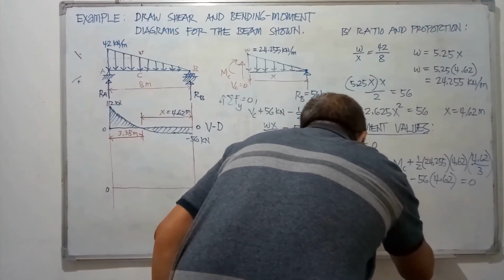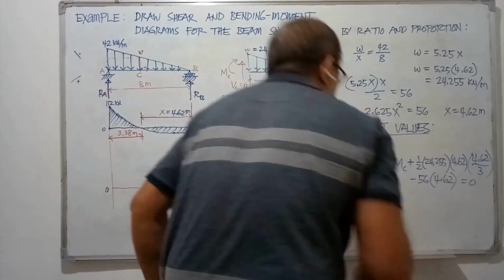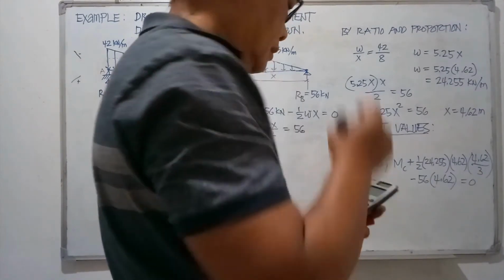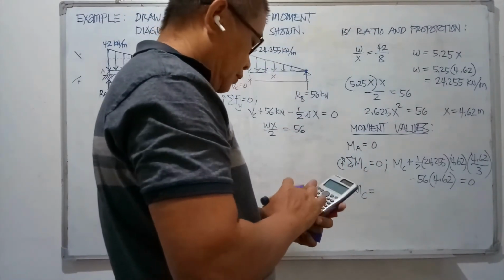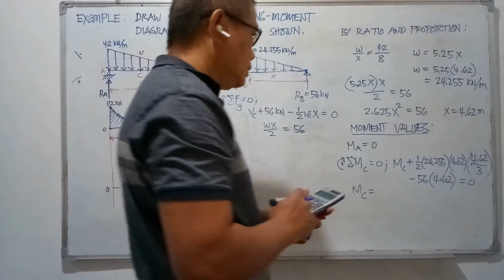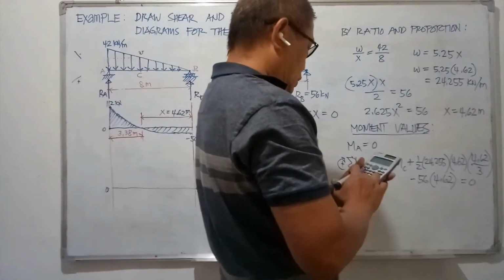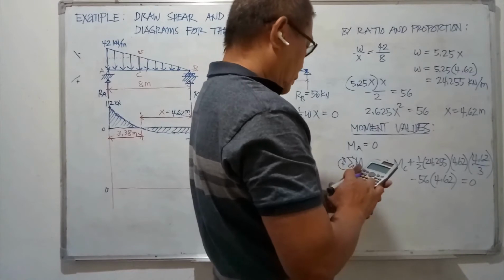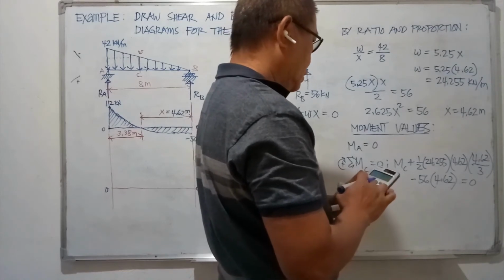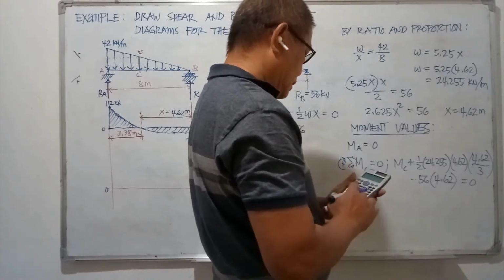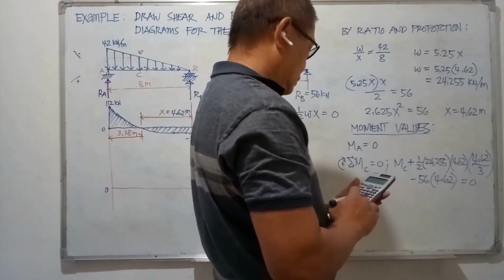Or M sub C equals 56 times 4.62 minus 24.255 times 4.62 times 4.62 divided by 6.